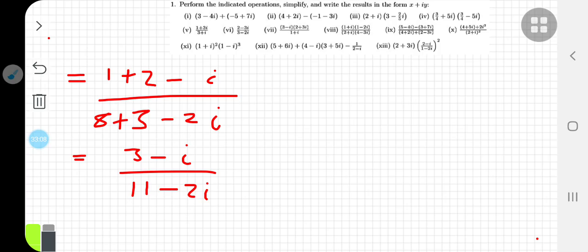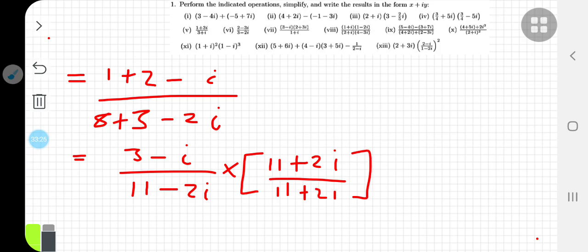Now from here we multiply with its conjugate, which is just 11 plus 2i over 11 plus 2i. This will just give me 3.